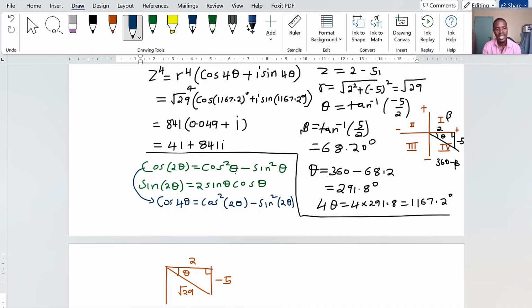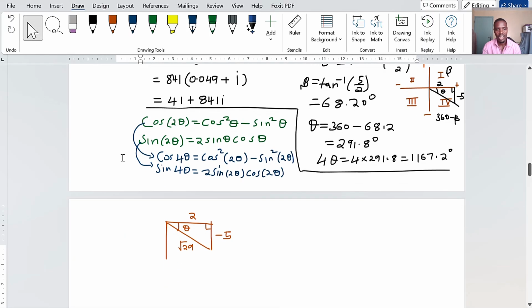Now on the other hand, sine 4 theta, which we have in de Moivre's theorem, will be 2 sine 2 theta cos 2 theta, since sine 2 theta is 2 sine theta cos theta, that is the identity. Let's see where this will lead us to.